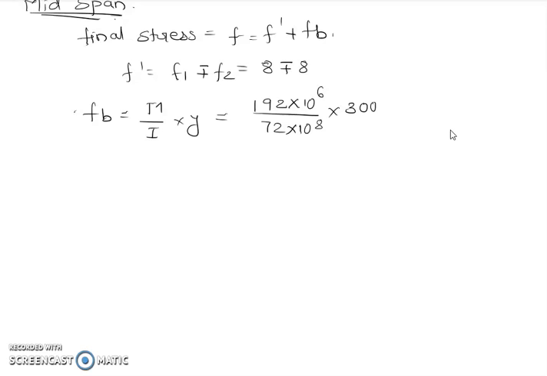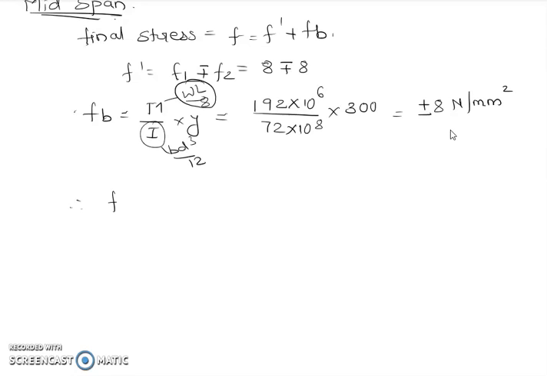This M is nothing but W into L by 8, where W is 265 and so on. Y we have already calculated. I also is BD cube by 12. Okay, so with this you get this value as plus or minus 8 Newton per mm square.